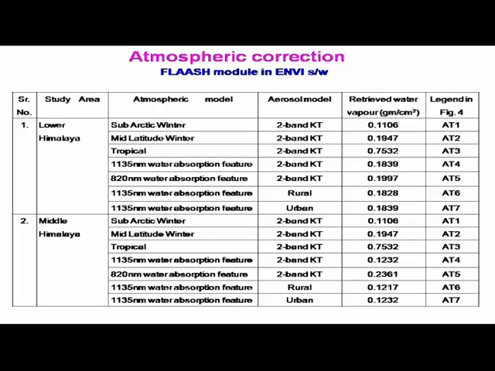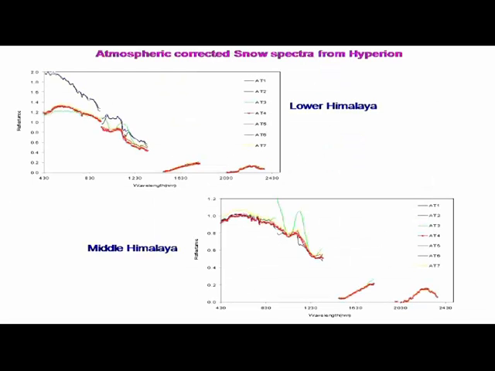We found that the 1135 nanometer water absorption feature, with this atmospheric model along with the 2-band KT, worked very well for our lower Himalaya as well as for our middle Himalaya, and this can be observed in these plots for the different combinations for lower and middle Himalaya.